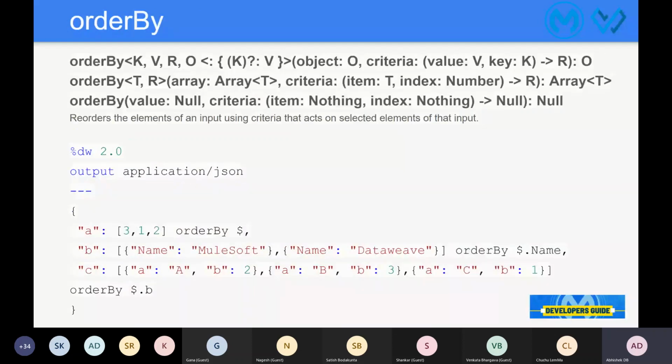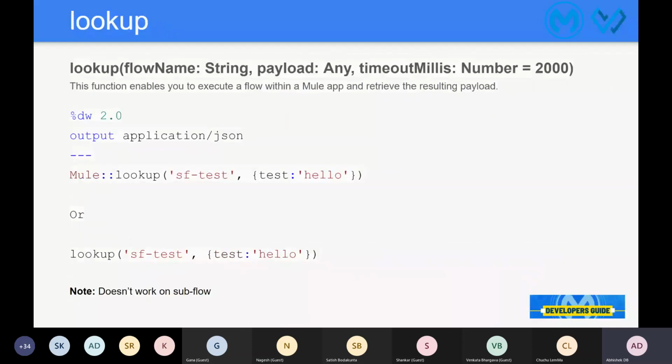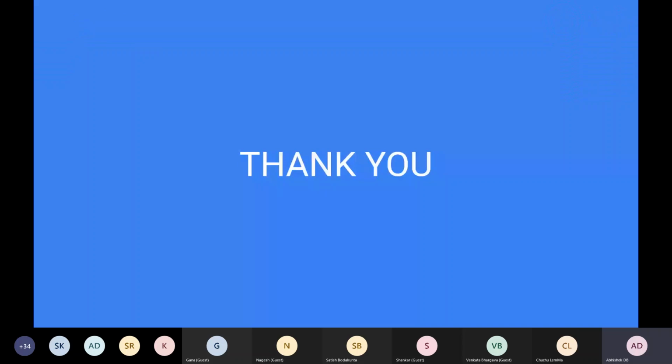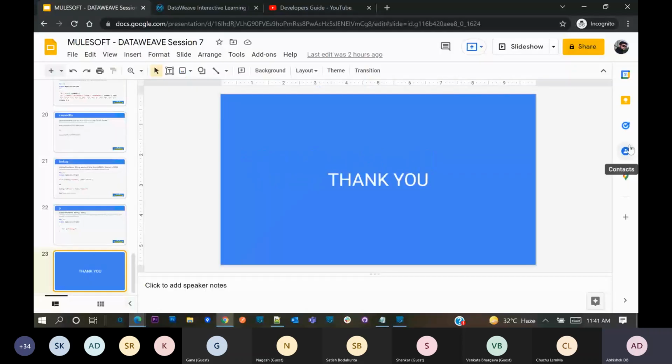We saw examples of how to use group by, map object, joins, and what happens when we do distinct by. Caused by is a mule function. Lookup, p is used to take the data from the properties file. That's all we have done for today.